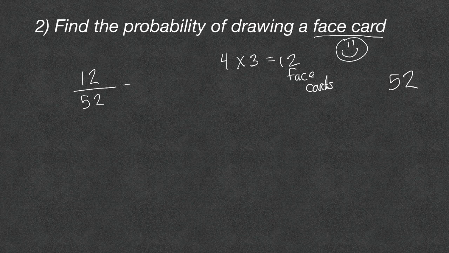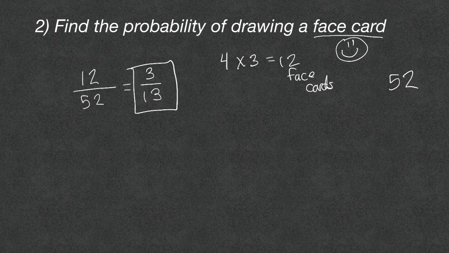And this can be reduced. 4 goes into 12 3 times. 4 goes into 52 13 times. So the probability of drawing a face card is 3 in 13. You have a 3 out of 13 chance of drawing a face card out of a 52 card deck.